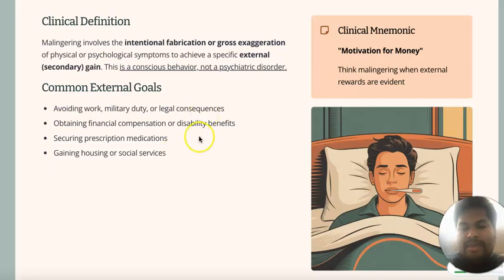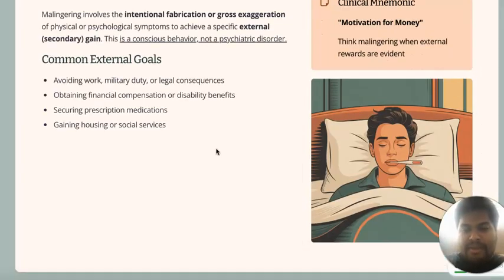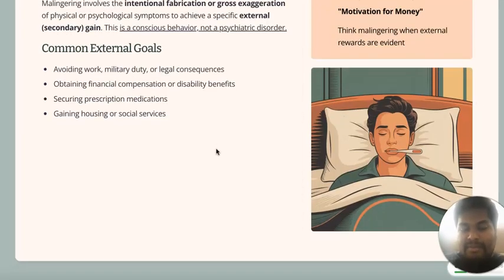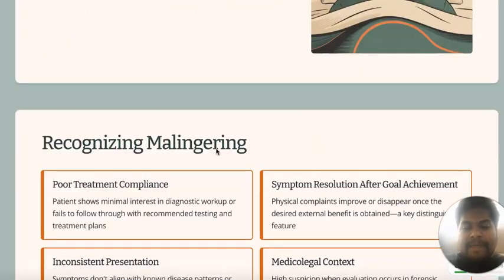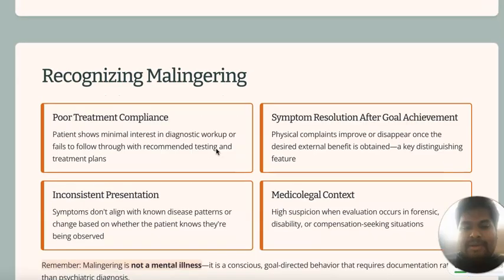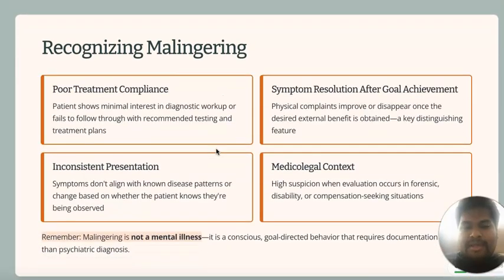So in malingering there is always an external motivation, an external gain. Because of that they think and create it. It's conscious thinking and creating fake symptoms. To recognize malingering, you have to understand that the person will have poor treatment compliance, and the patient shows minimal interest.